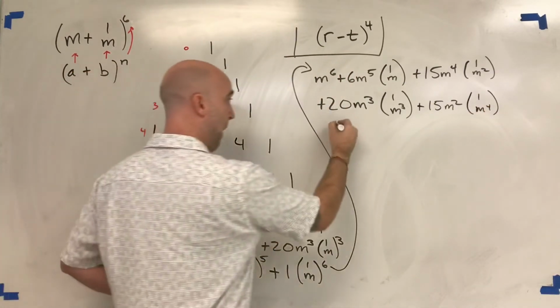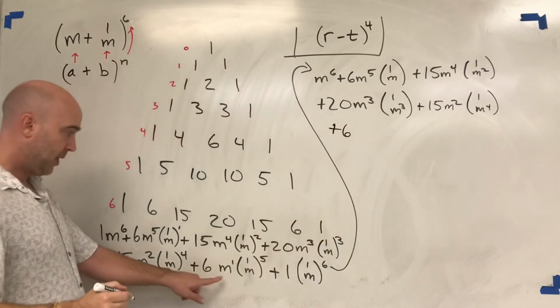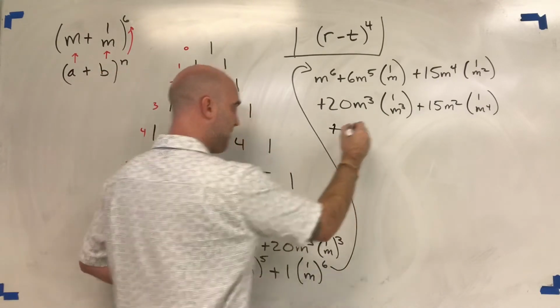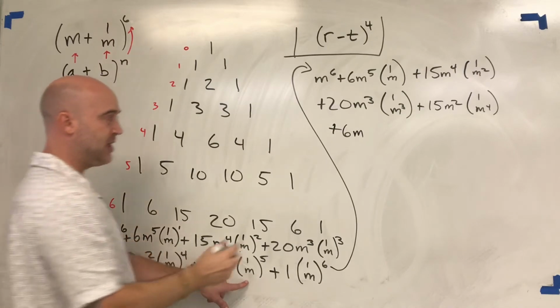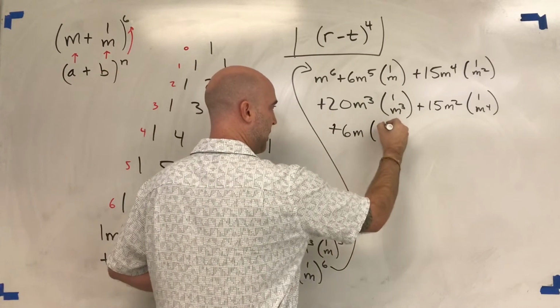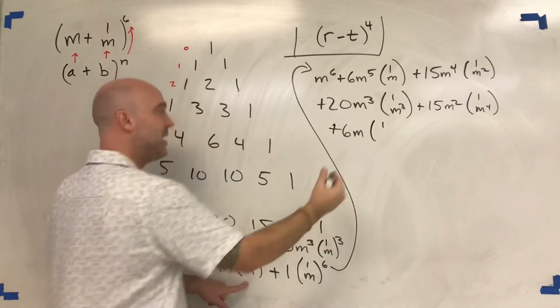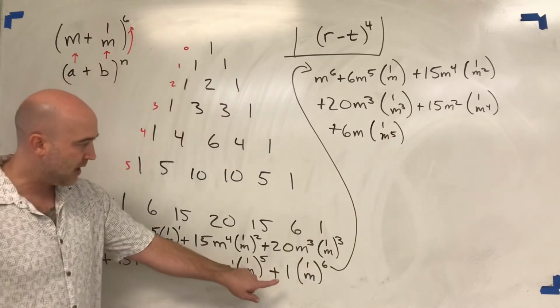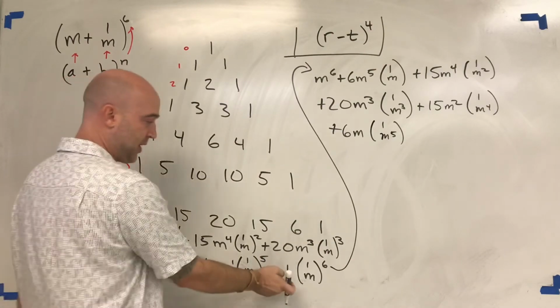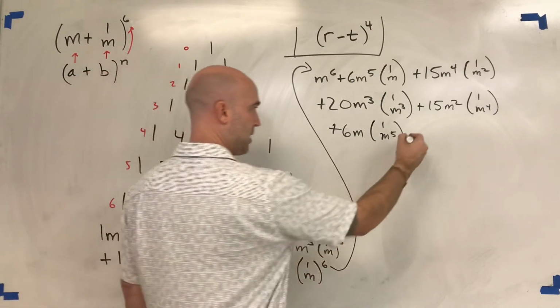Plus 6. M to the 1st is just m. The 1 choose m to the 5th is 1 times 1 times 1 times 1 times 1, and m times itself 5 times. And lastly, we don't need the coefficient of 1 in front.